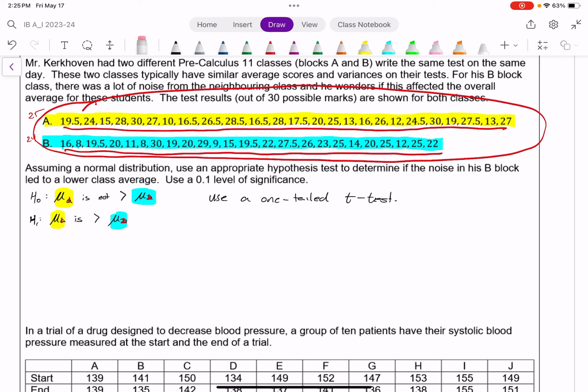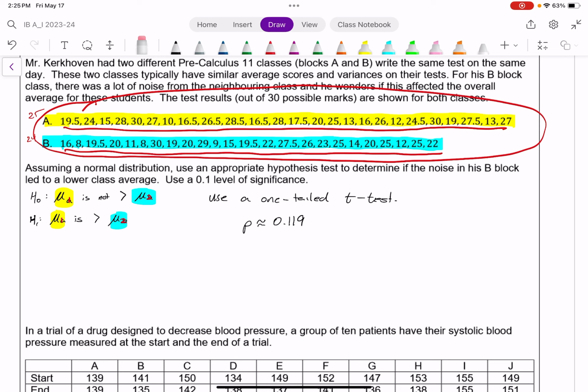Pretty quickly, it should tell you, and we're trying to find the probability of this occurring. We want to find the probability that, in this case, mu1 is greater than mu2. And you should get a p-value of approximately 0.119.